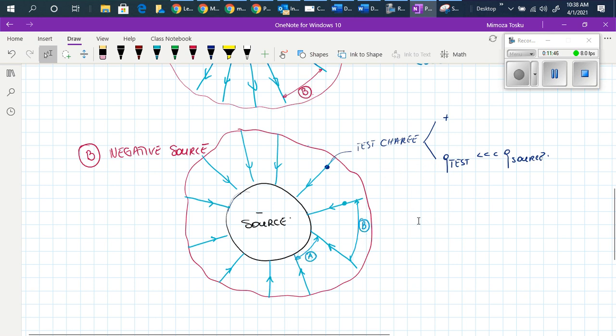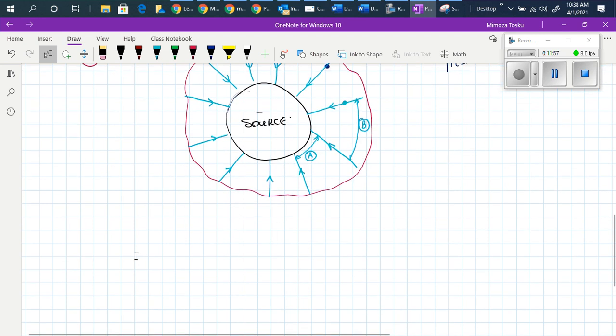So now, if we summarize what we have said up to now, we can say these things for the electric field. The electric field can be produced from the positive and negative sources.